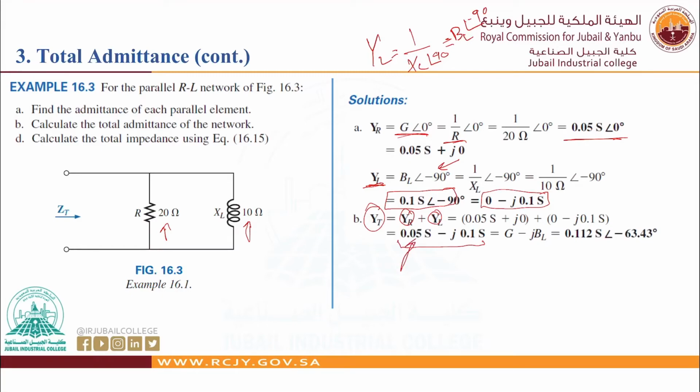This one is the conductance G, which is the resistor part, and this is the susceptance B, which is the inductor part. Okay يا شباب, this is the magnitude of the total admittance, and this is its angle. With more examples, inshallah, you will understand.